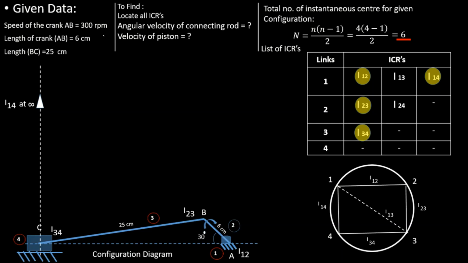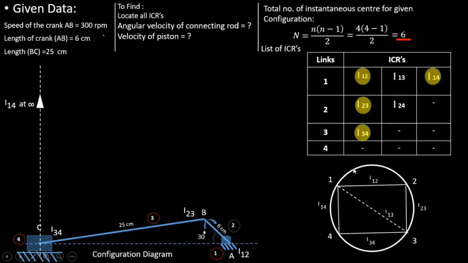This instantaneous center I13 we have to locate in the configuration diagram, so for that we have to take the reference of this. When we connect 1 and 3, we get 2 triangles, that is triangle 1, 2, 3 and triangle 1, 4, 3.